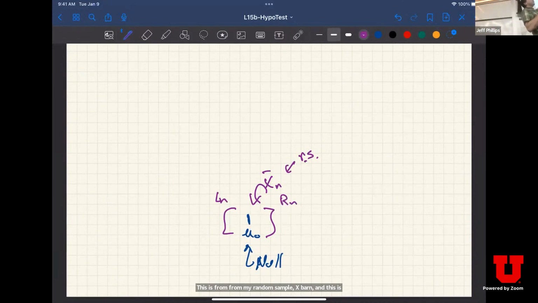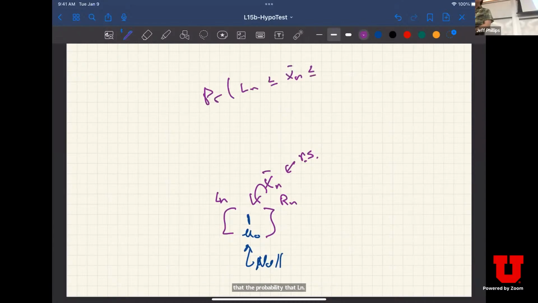So what is this looking like? This is looking like a confidence interval. I can say that the probability that Ln is less than x bar n is less than Rn is equal to 1 minus alpha. So I could say 95% of the time, x bar n is within this range around what I believe is my null hypothesis.